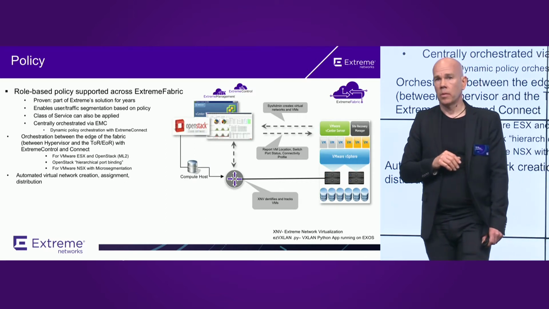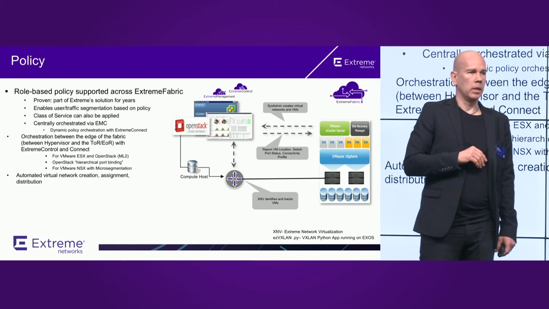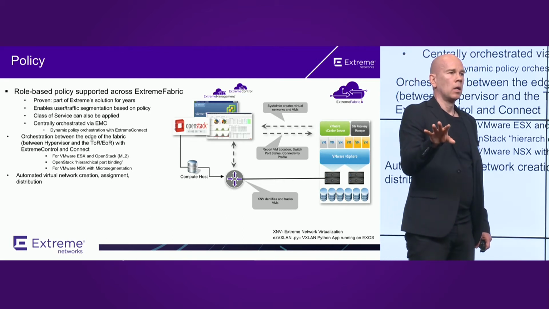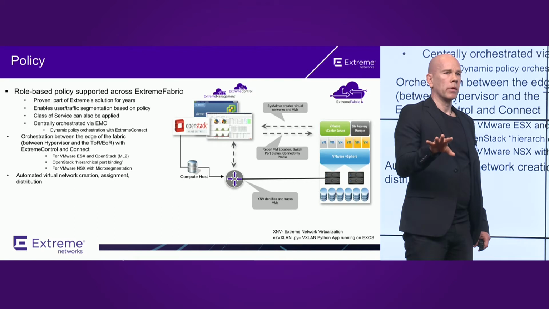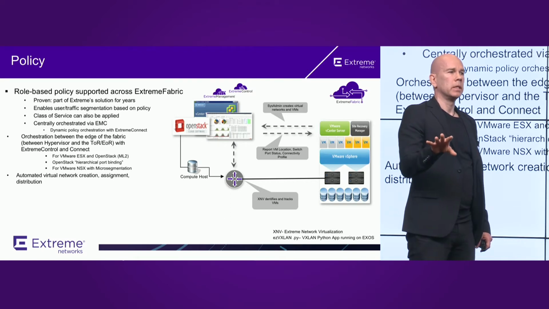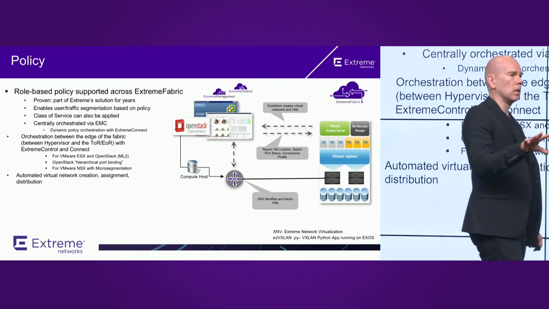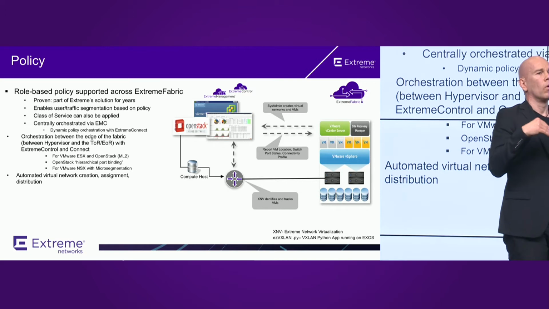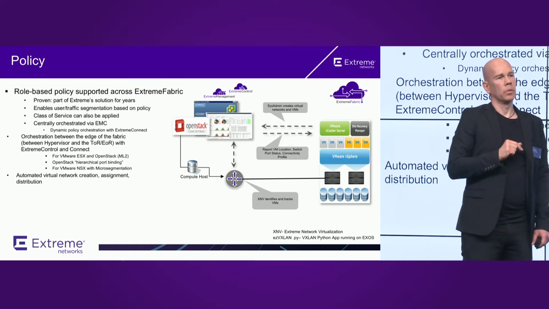Now, many of you probably heard about the hyperscale guys building with OpenStack. Obviously, this same applies to OpenStack. So Extreme Connect would allow you to have an ML2 plugin or API talking directly to OpenStack for basically creating the tenant VLAN to VNI mapping and configuring that or automating that from a configuration point of view.